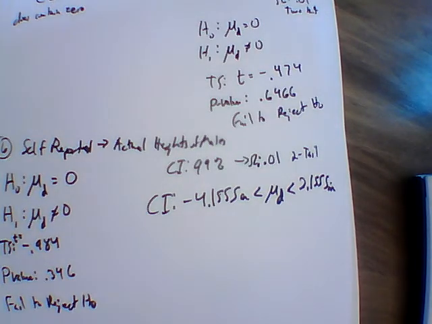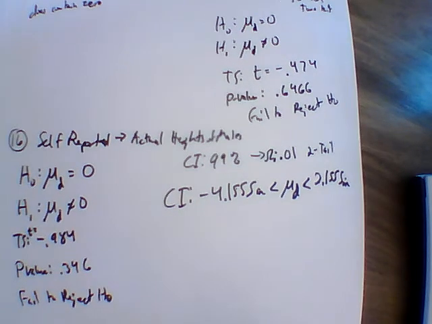Okay, so kind of concluding what this is going on, once again, we see 0 is in here, so we're seeing the fact that because the confidence interval contains 0, there's not sufficient evidence to support the claim that there is a difference between self-reported and measured heights. Okay, so this means we might believe that males would tend to exaggerate their heights, but given this data, do not provide enough evidence to support that belief.